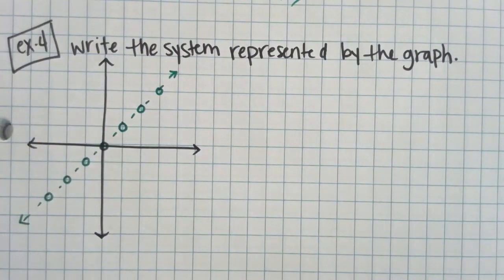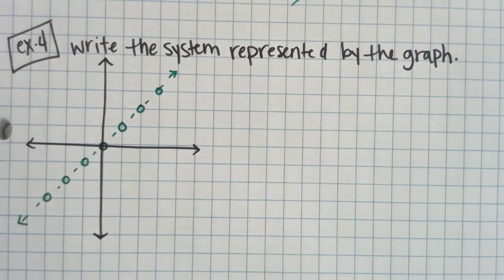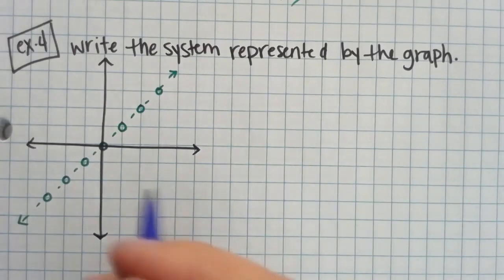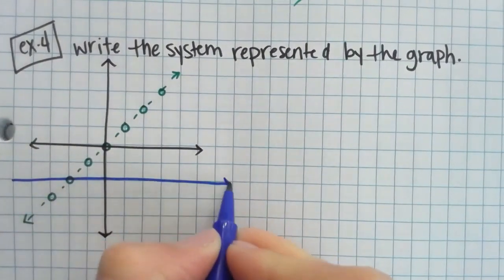Okay, so we've got that line going that way. Basically every 0, 0, 1, 1, 2, 2. And then we also have a line here down at negative 2 that is solid.